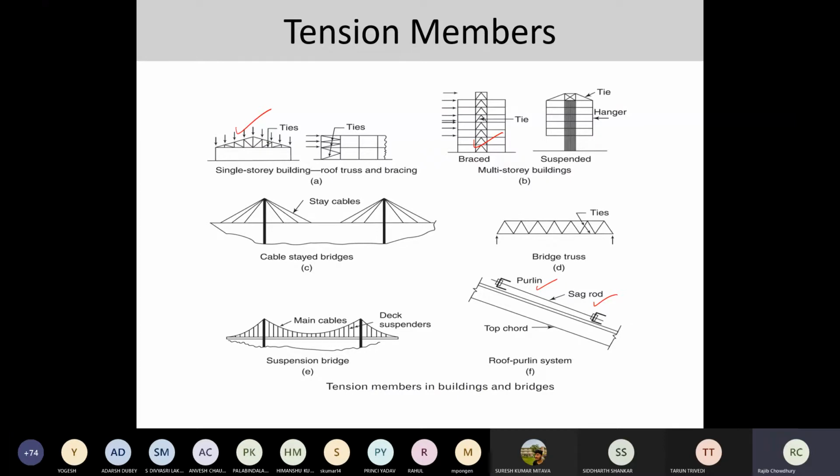And obviously in the tension member, the test coupon, whenever we do the testing of the tensile member, we generally do not bother about the compressive stress strain behavior, rather the tensile stress strain behavior. Okay, and thereby the yield point, ultimate point, plasticity, everything develops over there.